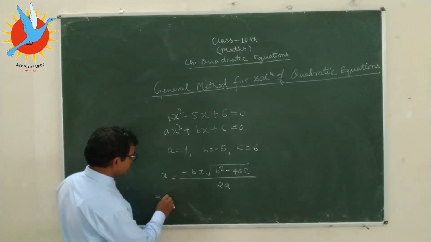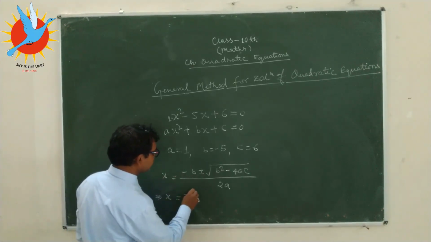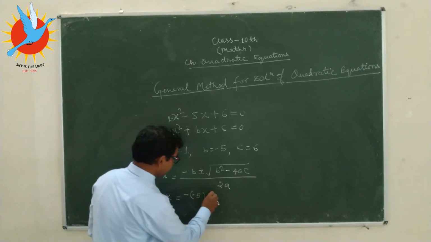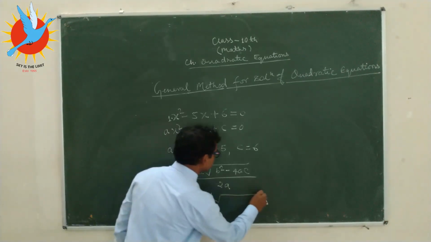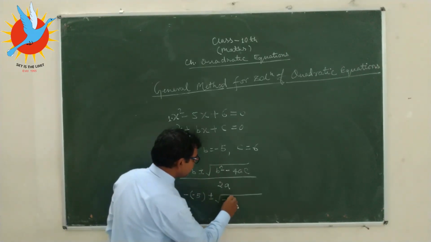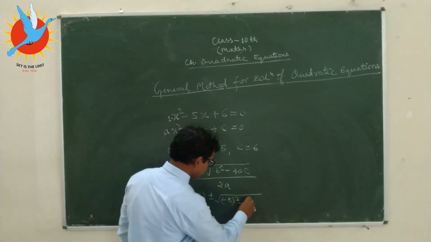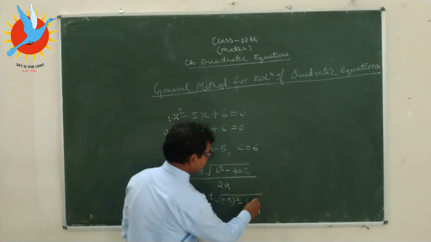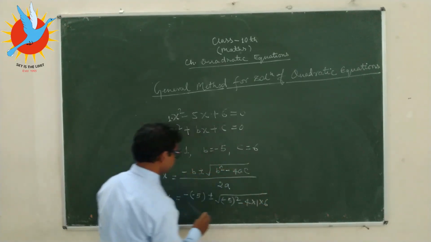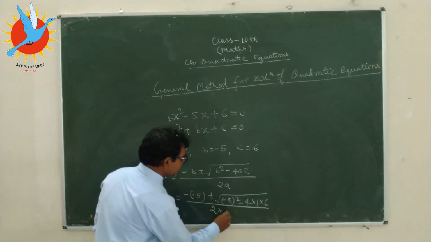So we have x equal to minus b, and the value of b is minus 5, so this is minus of minus 5, plus minus root over b square, that is minus 5 square, minus 4 into a equal to 1 and c equal to 6, upon 2 into 1.